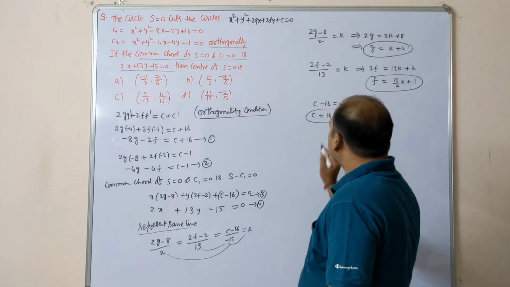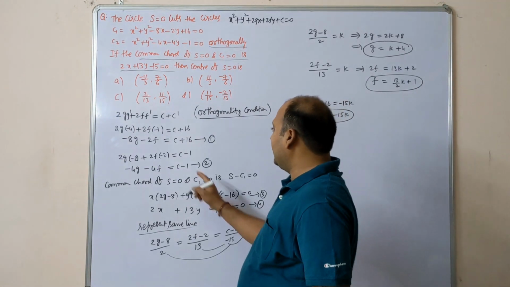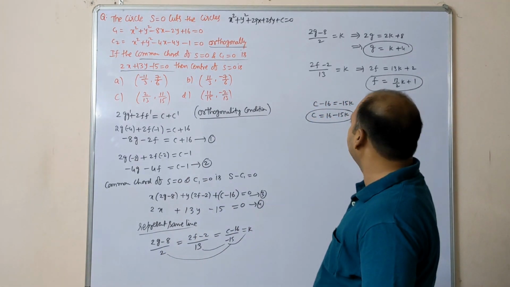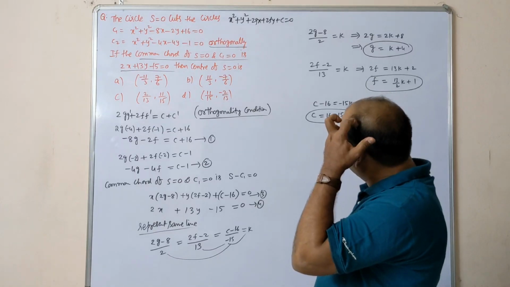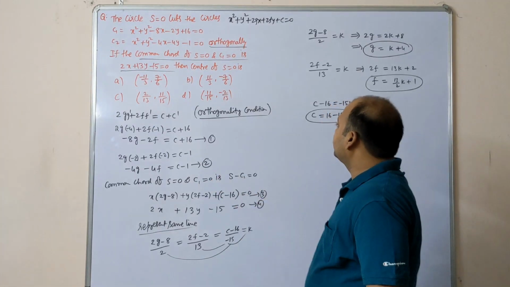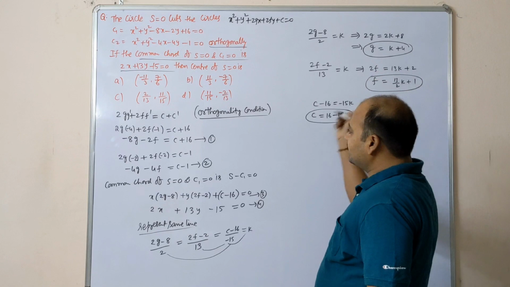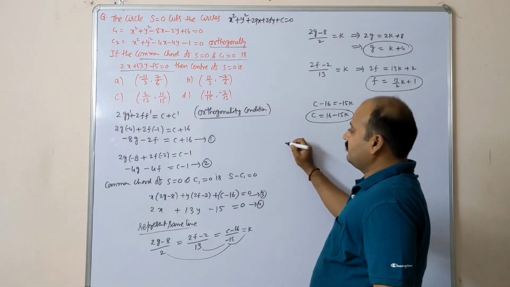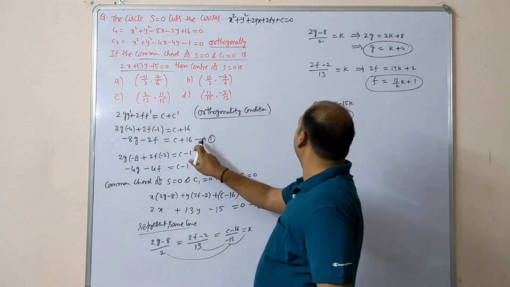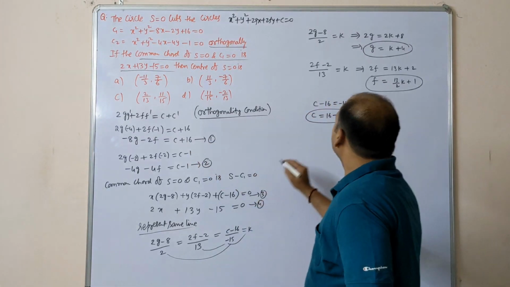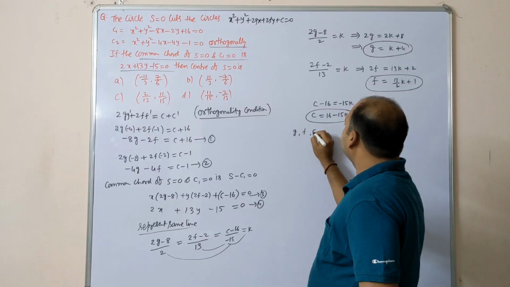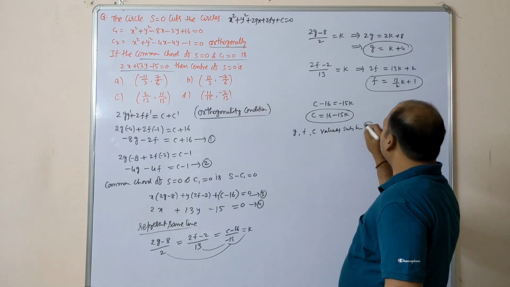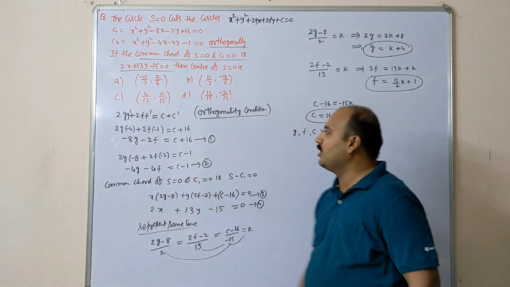Now substitute the c value in equation 2 or equation 1. Better to substitute the g, f, c values in equation 2 to get the k value. The small equation is this one only.